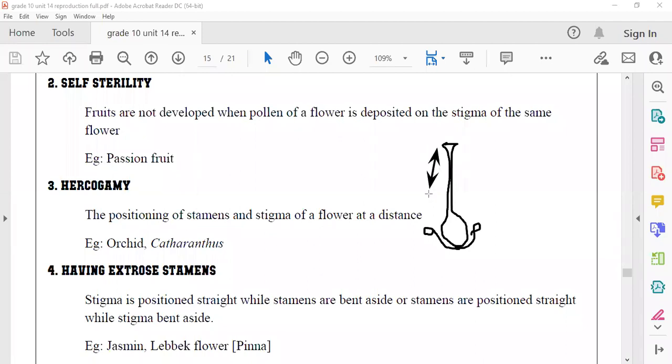Between these two, there is a greater distance. It can be the other way also. There can be a taller stamen and a shorter gynoecium. Here also there will be a greater distance. Because the distance is increased, the chance for self-pollination is decreased. This is one method. You have to draw diagrams, keep it in mind.